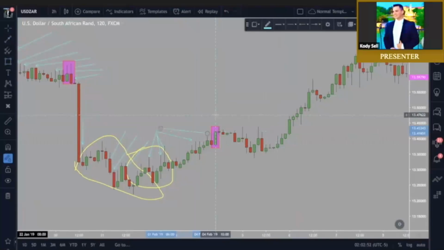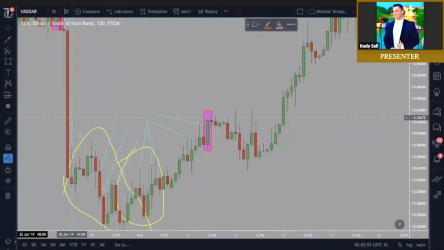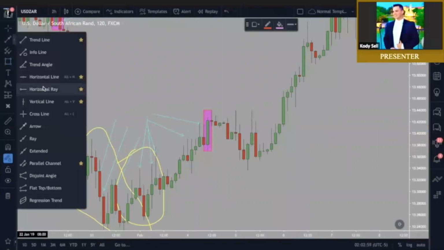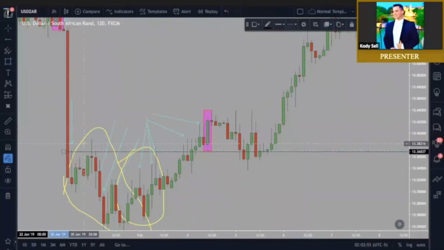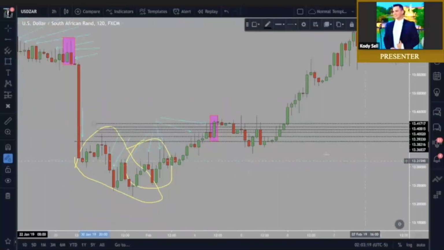So these wicks to the upside, and if you look at this candlestick right here, it managed to take out all of these highs. So all of these wicks that were up here, they were holding the market. This candlestick right here broke through and closed above all of these areas right here, showing you that the buyers were capable of knocking out all of that selling resistance. It was this strong bullish body right here that really gave us that indication.